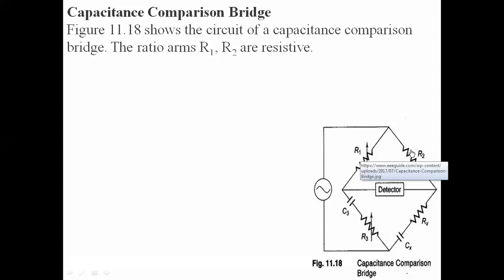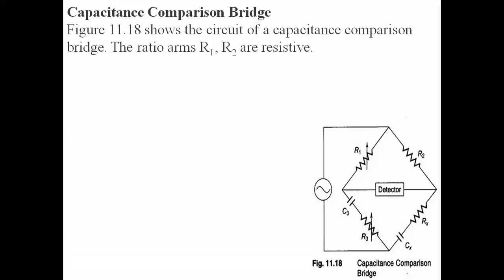This is the first, second, and the third arm, generally used to adjust the resistance values. By adjusting that, we can make the bridge balance.